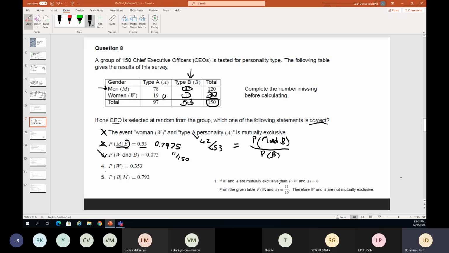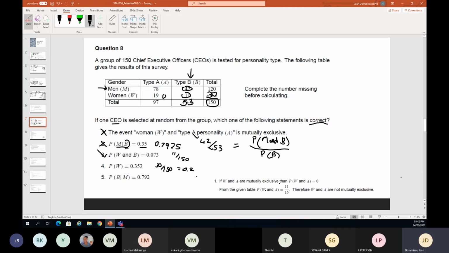Okay, probability of women is 30 divided by the total, so it is 30 divided by 150. That's a third, I think. Oh, 20%, so 0.2.